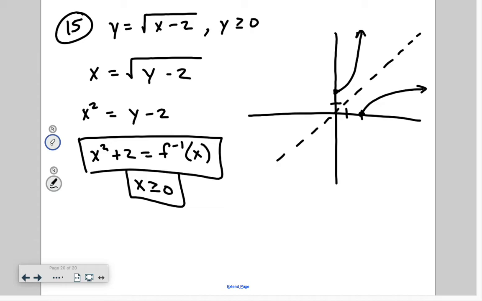How we doing? Making some sense? Getting the idea? Coming together a little bit more, hopefully? Like I said, the reason why I keep coming back to the graphs is because you will have between 5 and 10 questions where I'm going to just give you an equation and you need to be able to graph it by hand with the shifts and the stretches and all that kind of stuff.